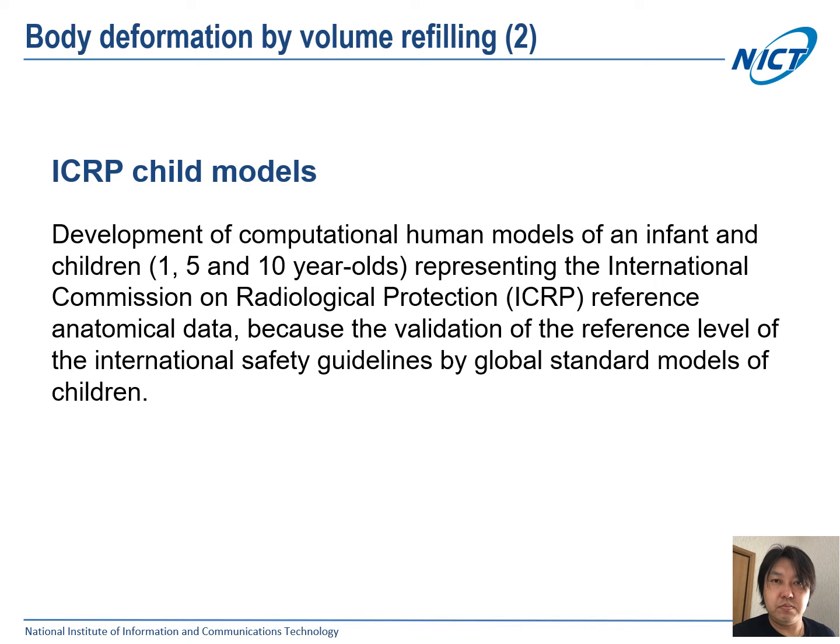Next, I introduce the models of infants and children, 1, 5, and 10-year-old, representing ICRP reference anatomical data. These models were used to validate the reference level of international EMF safety guidelines, as a global standard model of children.